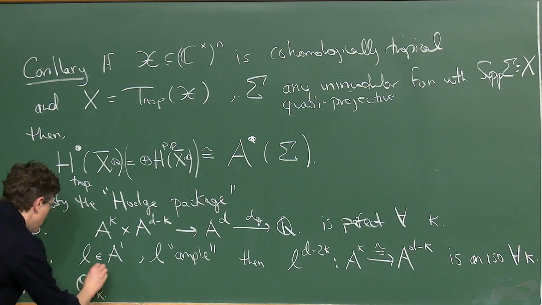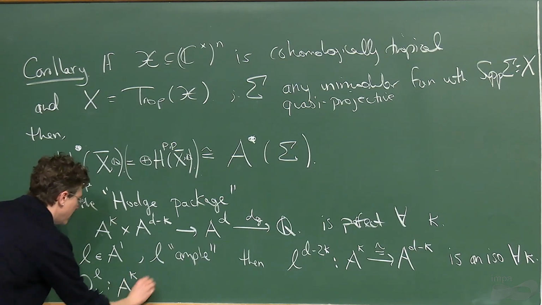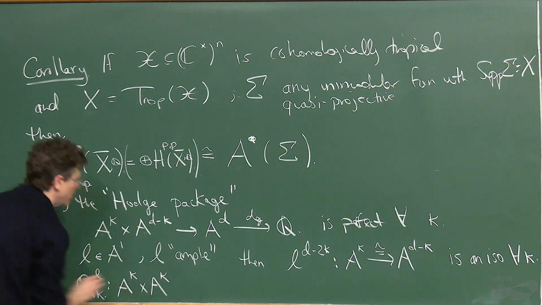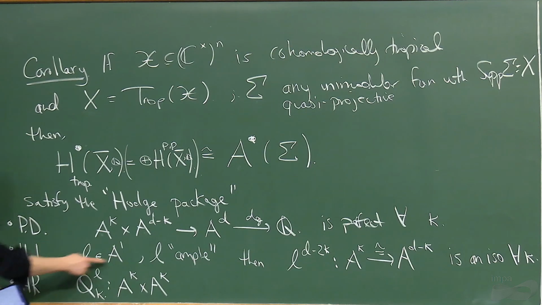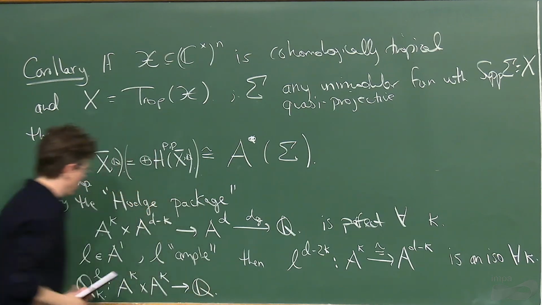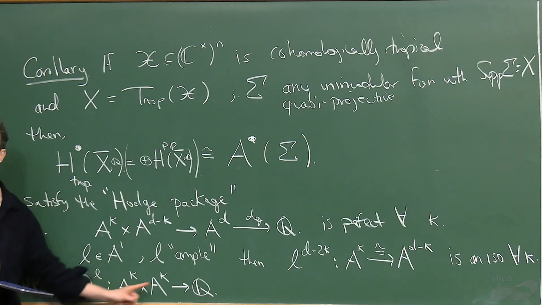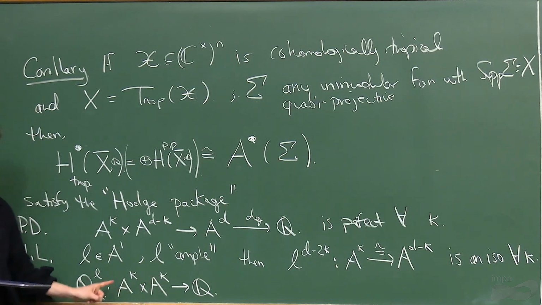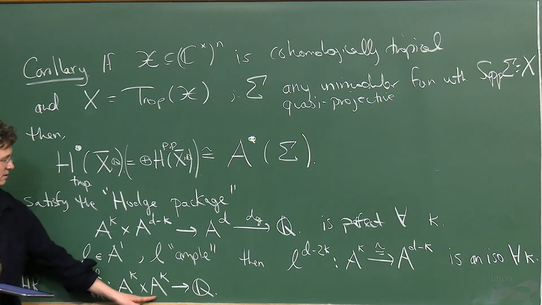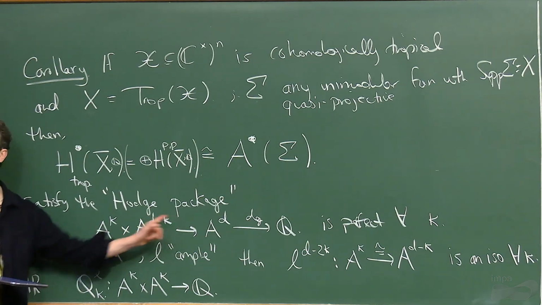We can define an intersection pairing on A^k with itself by using this ample L. L will always be ample. Here k will be smaller than half d. So what we can do is take this factor and multiply it by L enough times to get up to here and apply the intersection form.